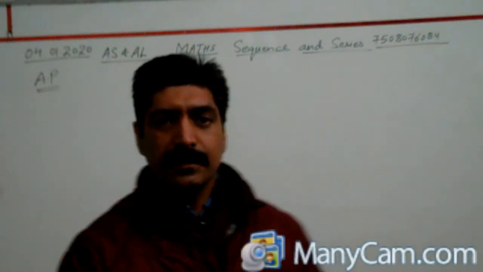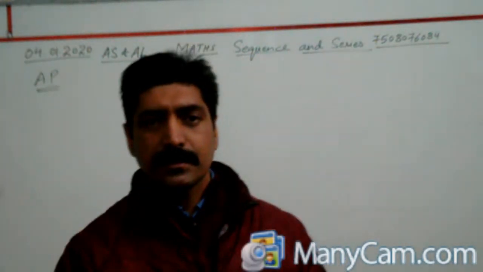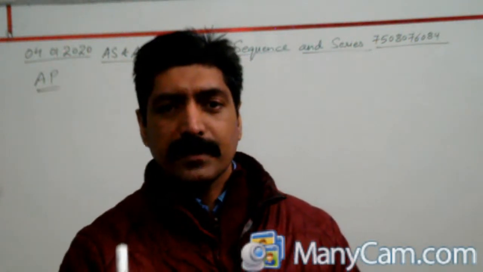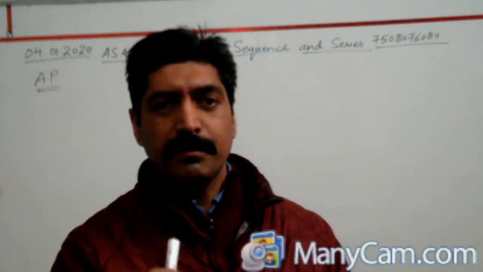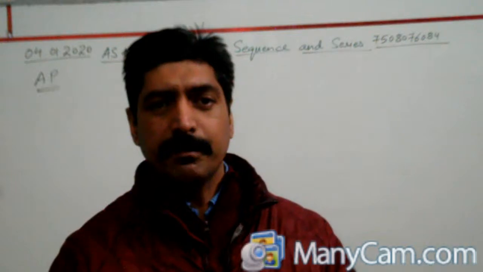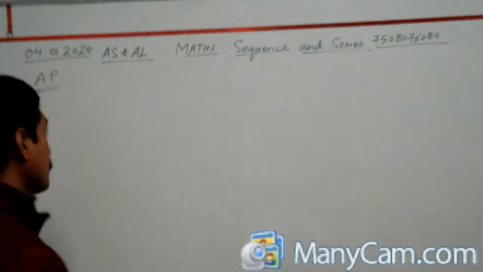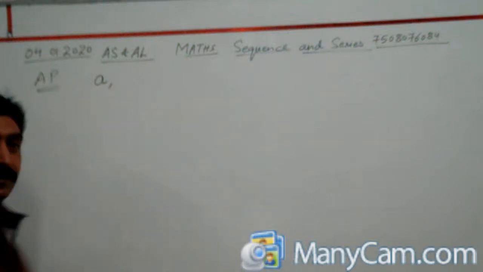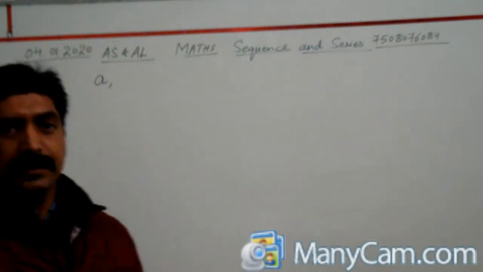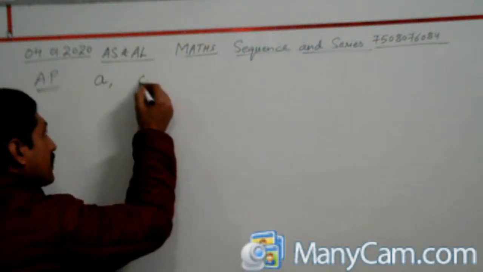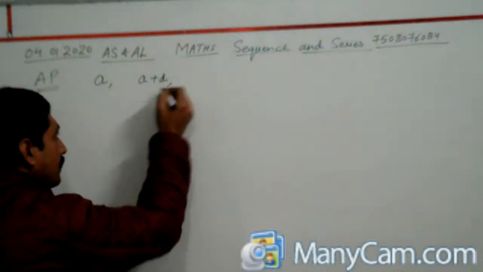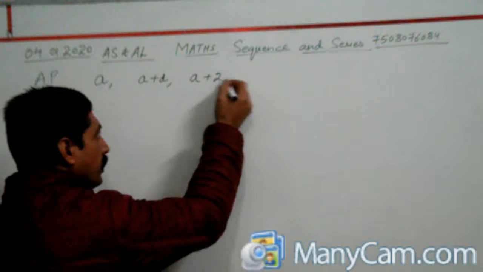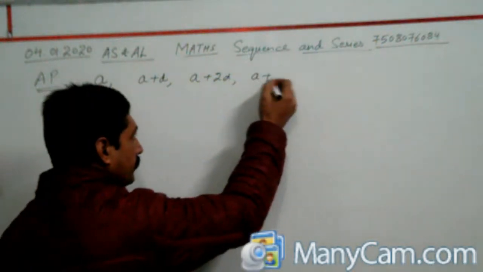An AP is a list of numbers which we get by adding a fixed number to the preceding number. The first number is A, the first term we have said, and adding a fixed number to the first gives the second, then again adding D, 2D, and so on.